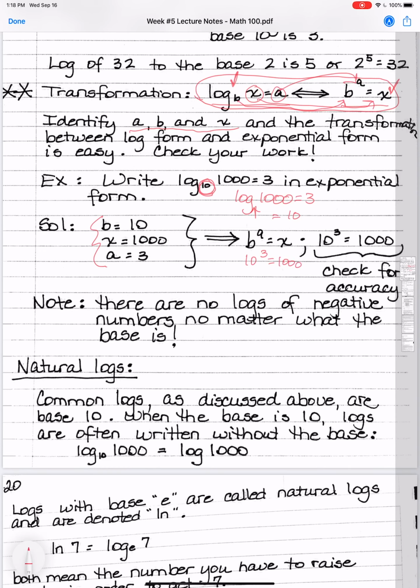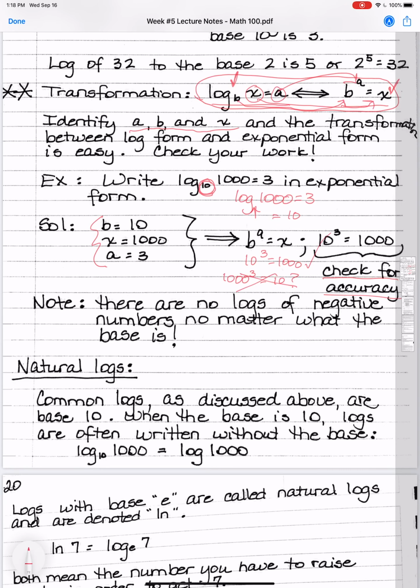Now the beautiful part about writing logs in exponential form is at this point you can check yourself for accuracy. Ask yourself, does 10 cubed equal 1,000? Well, yes, it does. But let's say you had your terms confused and you wrote it as 1,000 cubed equals 10. Well, you know that's not right.